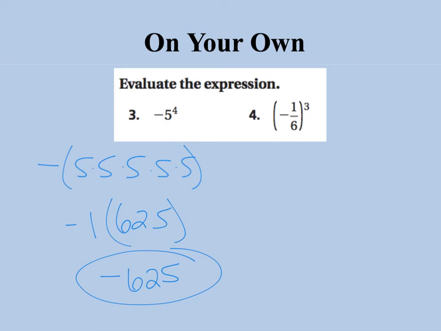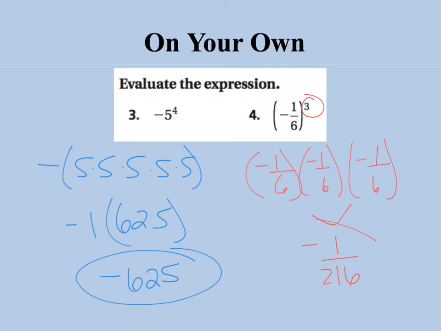In example 4, again, we have parentheses, so our base here is -1/6 times a -1/6 times a -1/6 here, which is going to become a -1/216. Notice our base here was negative, but our exponent was not even this time, so our final answer was a negative.